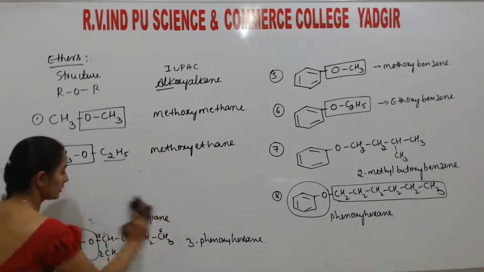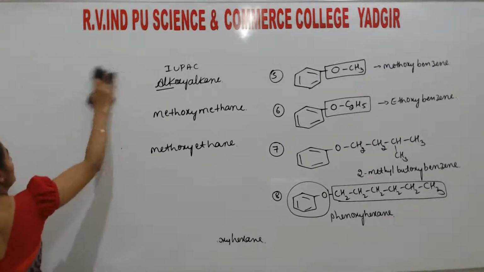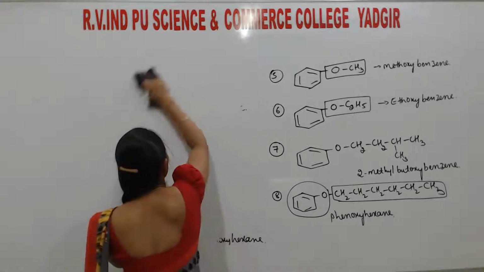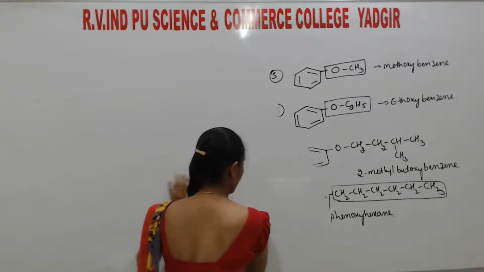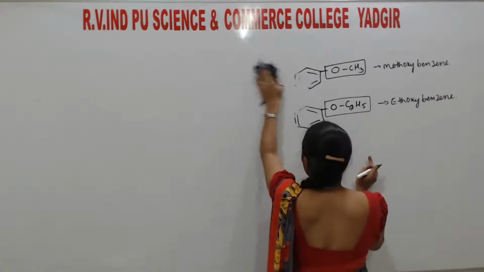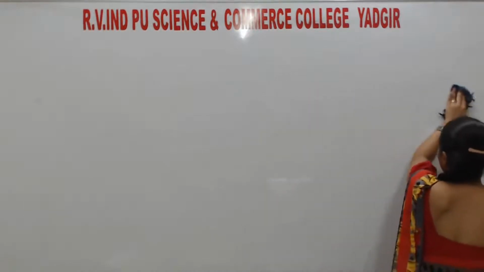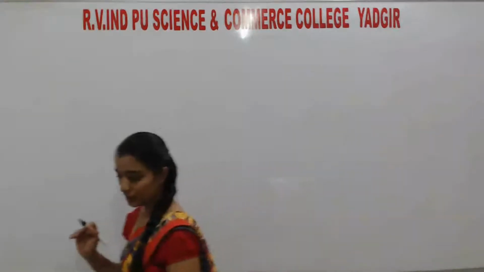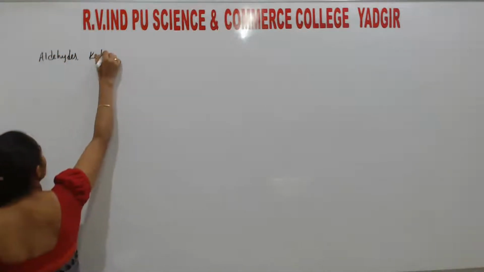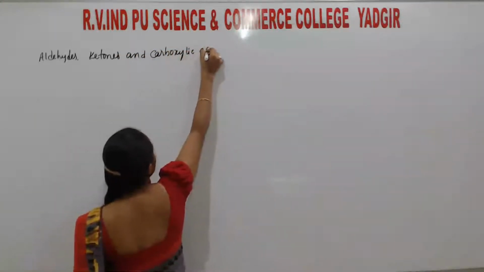So the next one is nomenclature of aldehydes, ketones, and carboxylic acids.